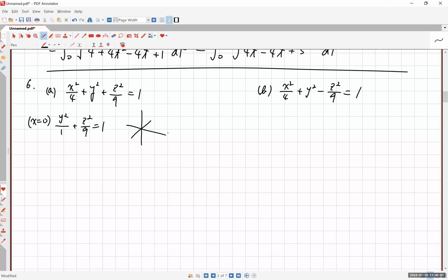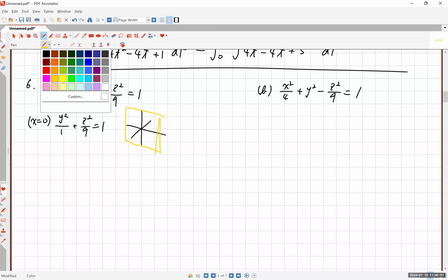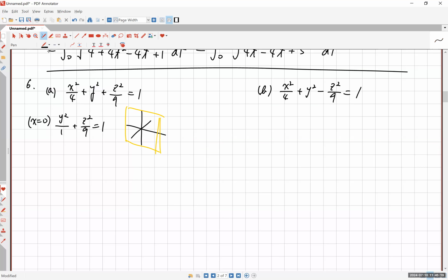When x is equal to 0, you are actually on what I call a canvas. Here's a canvas, x is equal to 0. And this really helps, I think, if you follow this kind of a convention. So this means y is 1, z is positive or negative 3. These are the intercepts of the ellipse.